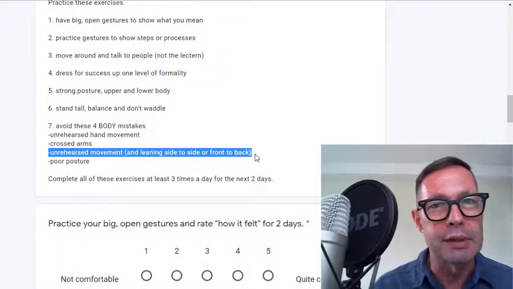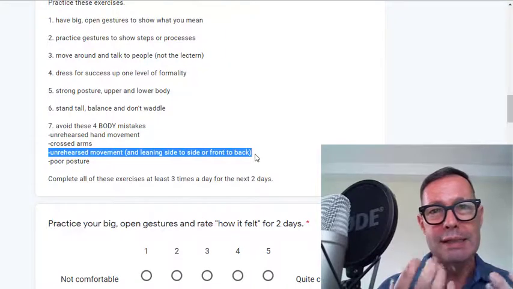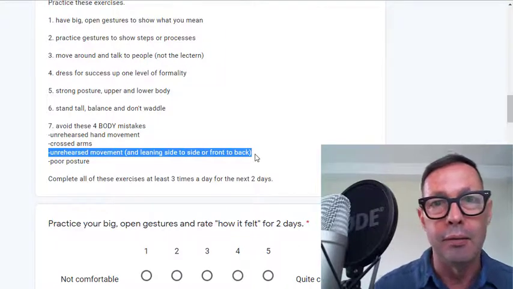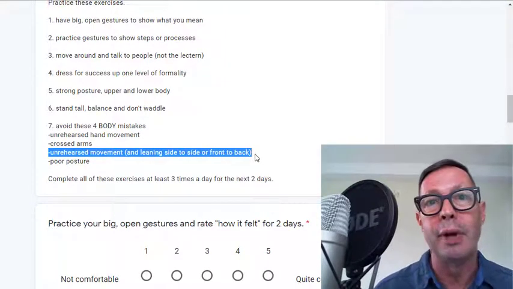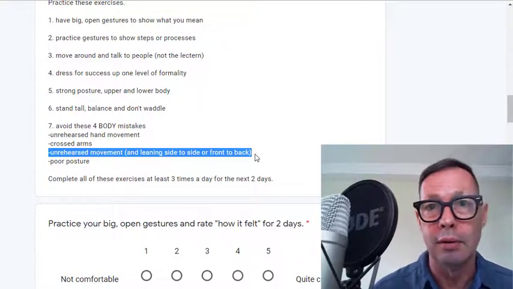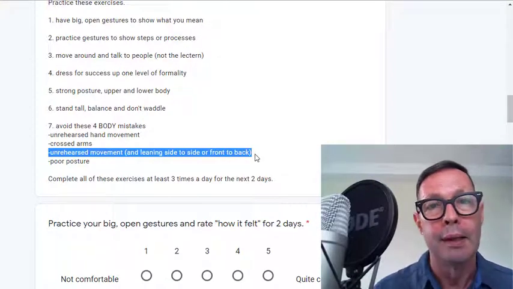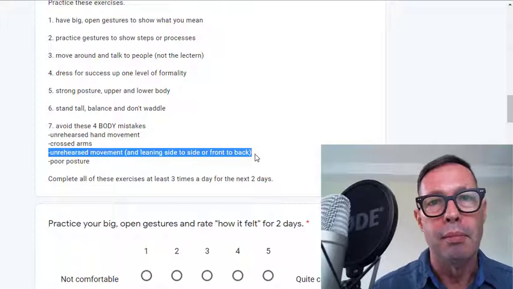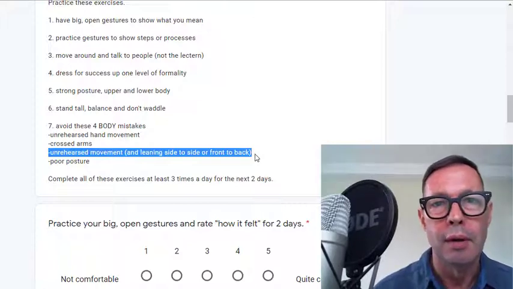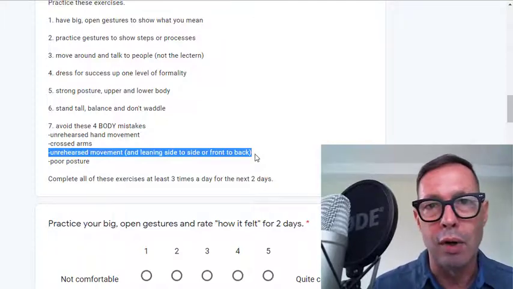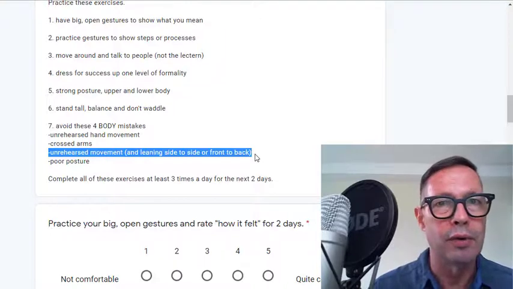This is important because what the audience sees is the majority of the message and liking that they will get communicated. So make sure you use your body power. You'll connect with your audience.